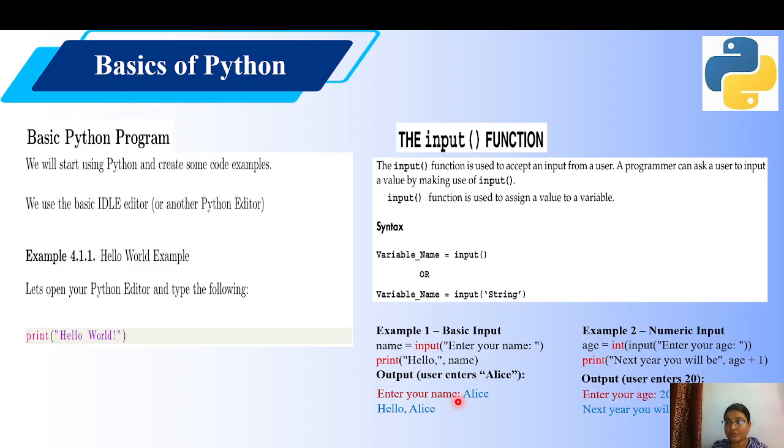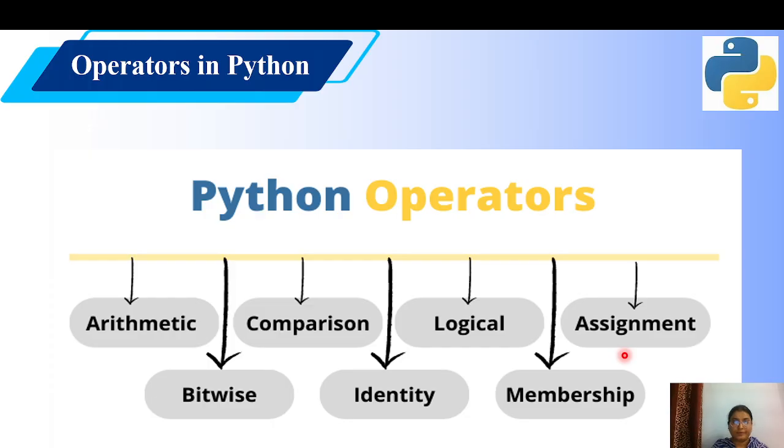When you want to enter a numerical data type, you will write int over here, so that it will convert it into the integer data type. Now Python operators.